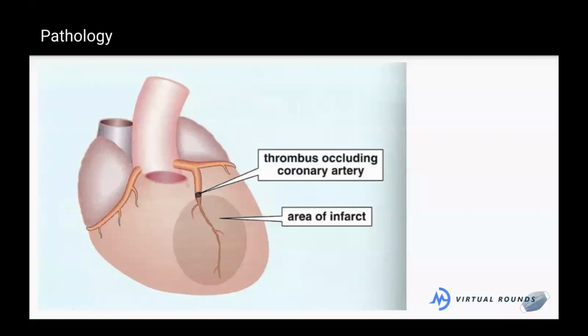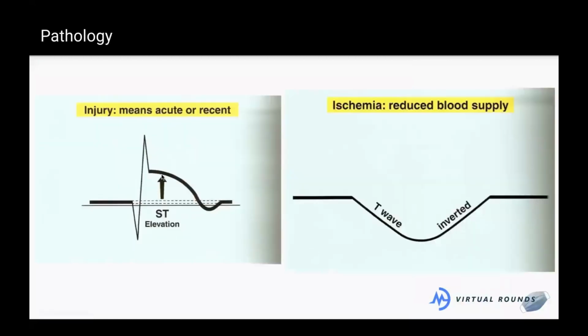Poorly, yeah, it's going to contract pretty poorly. If we're getting no blood, the muscle will die, and then the muscle will not contract. So we're not going to see our normal QRS complexes. This is what an ST elevation looks like.